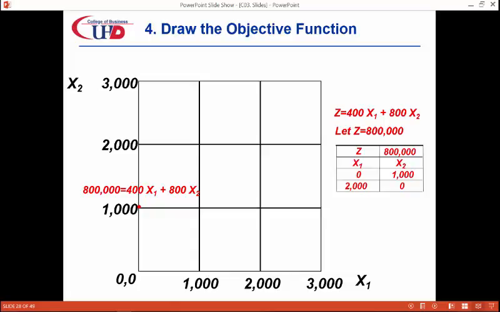We will need 2,000 Max to get that $800,000 of profit, since Max unit margin is only $400. We can correspondingly mark out the second intercept on the x1 axis.